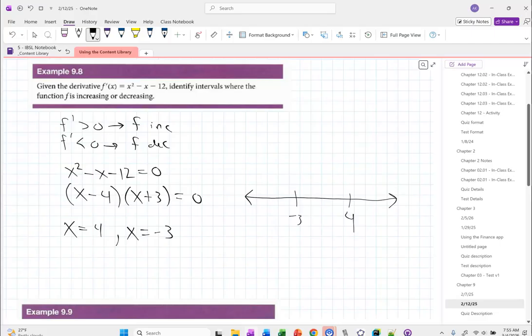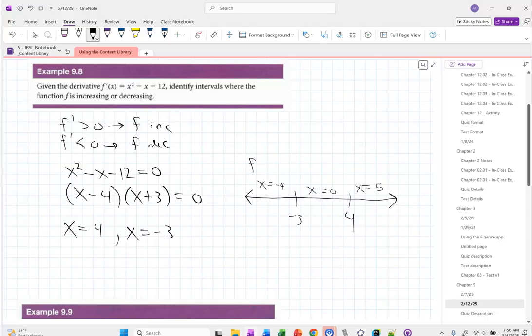It does not matter the test value, but come on guys, don't pick something that's going to be a pain in the neck to deal with. So I picked negative 4 and 0 and 5. I mean, you could pick like 2.7854321, but why? You're just kind of a masochist.